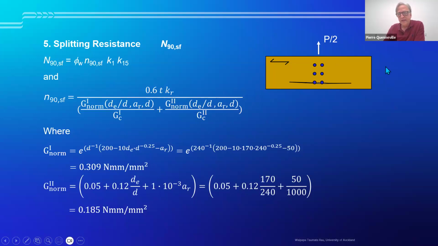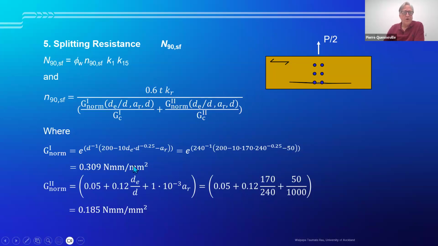The top of the side member is being pulled up. The D is our 240 millimeter, and then because there's a certain distance here, we have our 170, which is our D sub E value. The A sub R is the horizontal distance between our columns of fasteners.